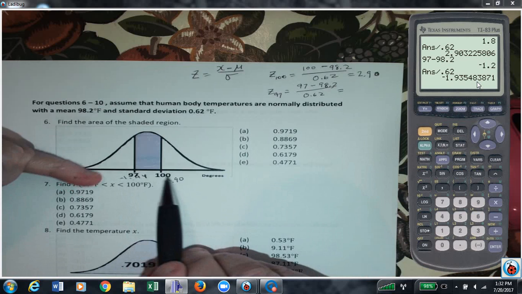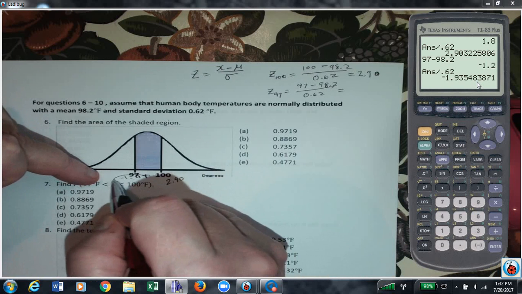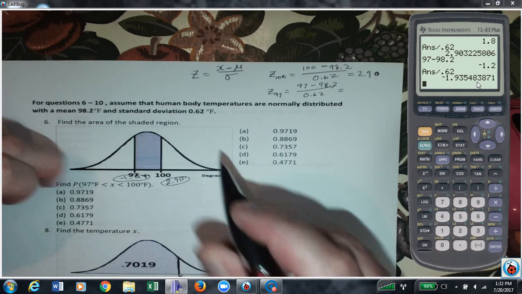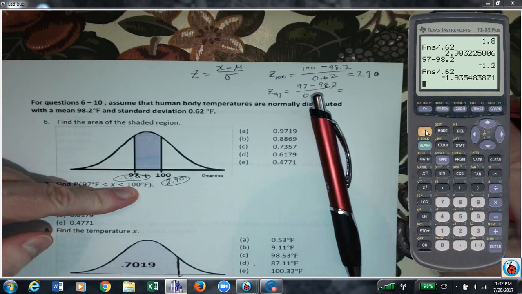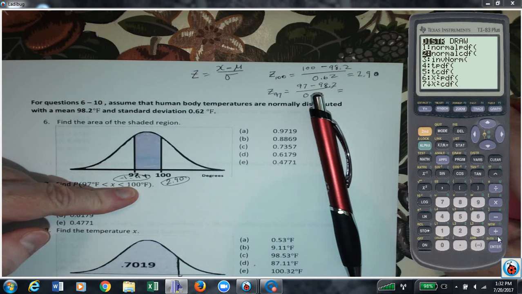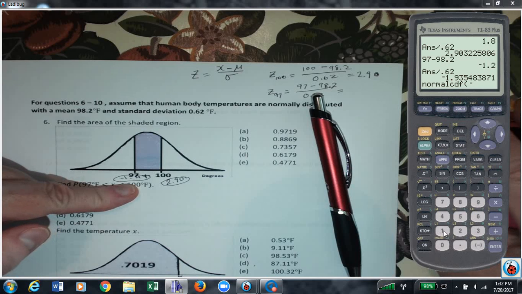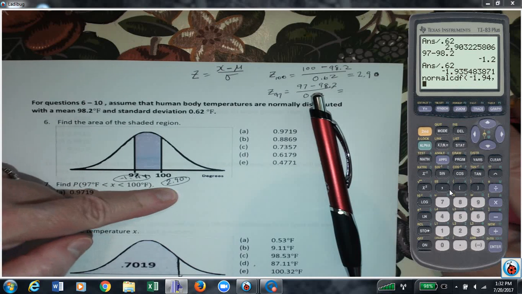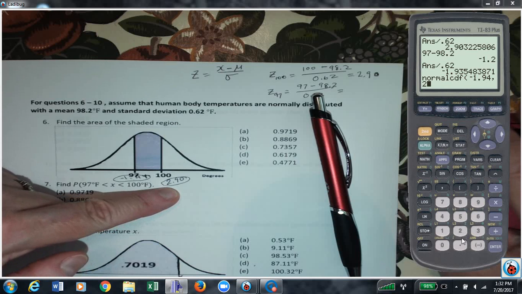So I want to find this shaded region. Now I have the z-scores, a left and a right. So I can do second bars, come down here, give it a left limit, which is negative 1.94. And then give it a right limit, z-score, which is 2.90 or just 2.9.